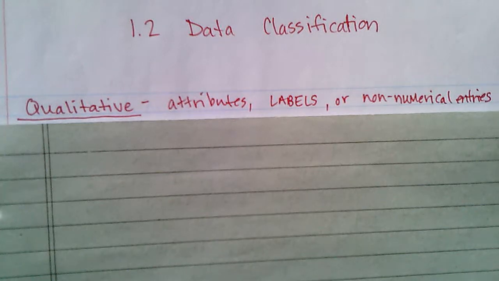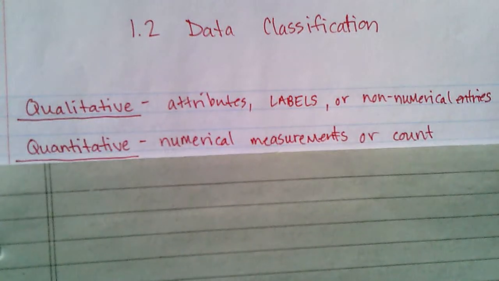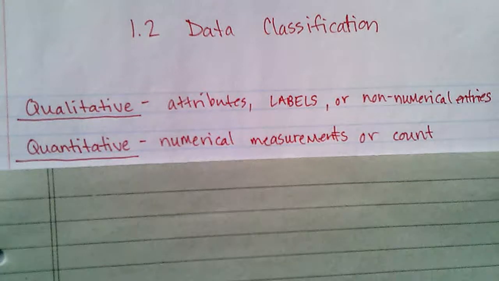So maybe jersey number or serial number or things like that. Then we have quantitative data, which includes numerical measurements or counts. So anything that you could tally or measure with some kind of tool or device.